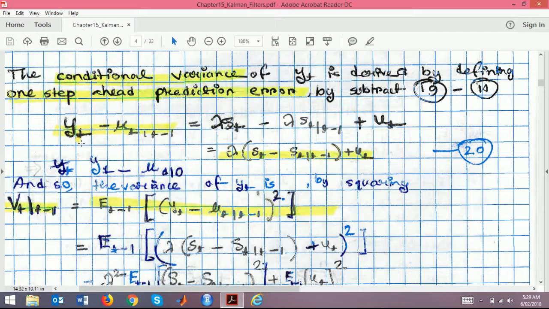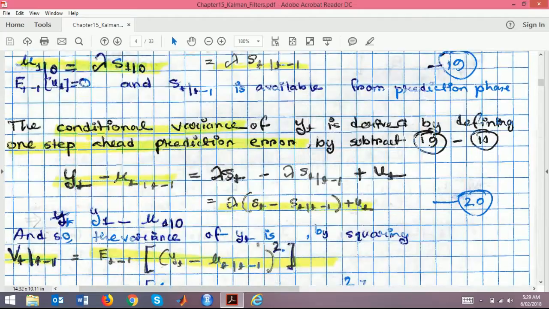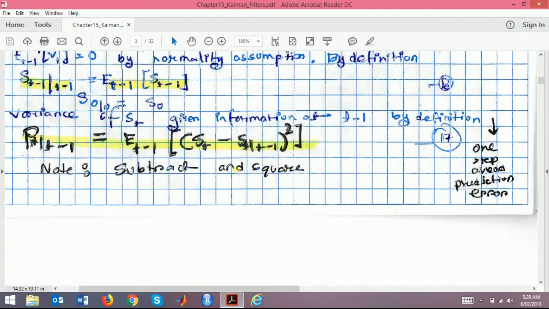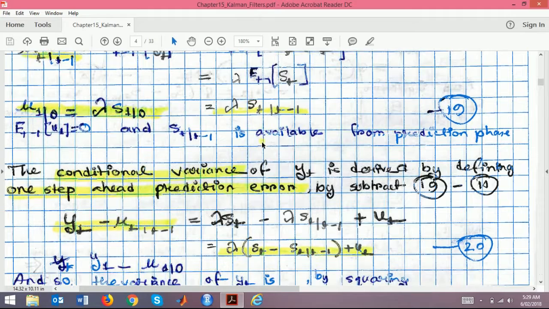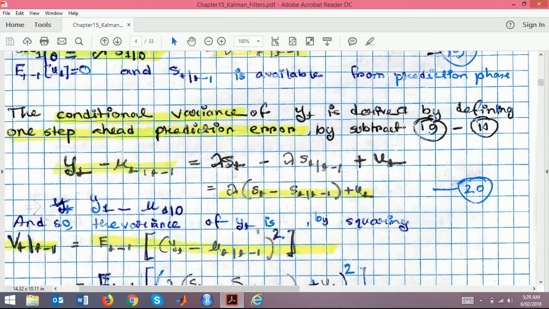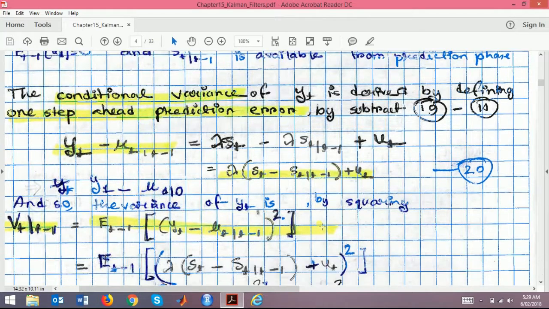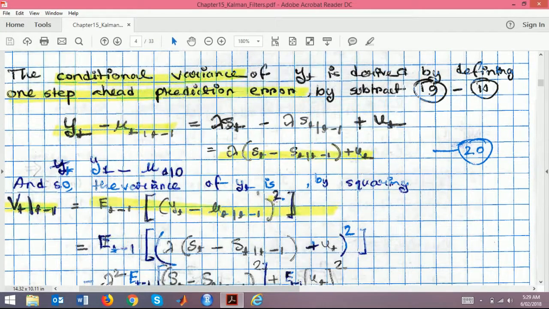Okay, we know that the one step ahead prediction error is S1 minus S1|0, and the variance is S1 minus S1|0 squared. So the prediction error is S1 minus S1|0 multiplied with lambda plus the residual. The conditional variance is yt minus the mean mu1|0, and what was mu1|0? It is simply S1|0 multiplied by lambda.